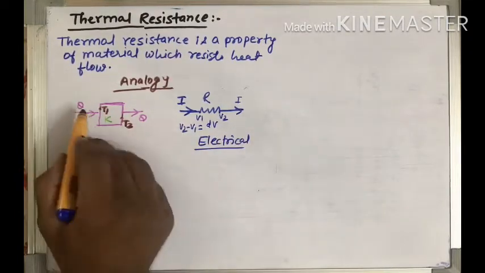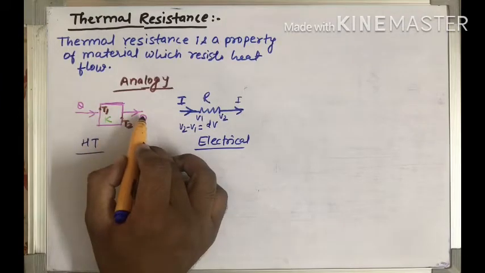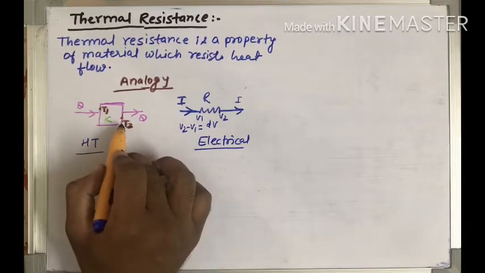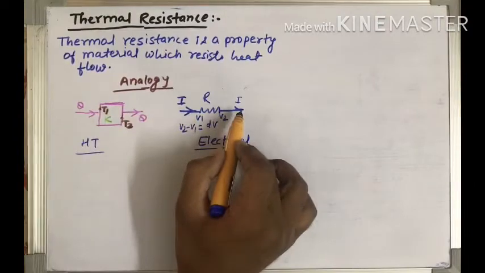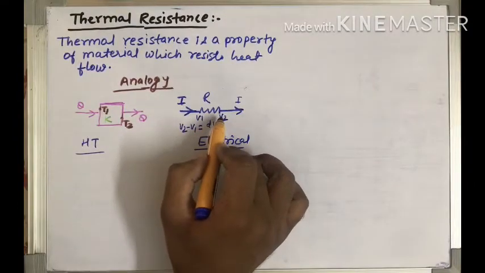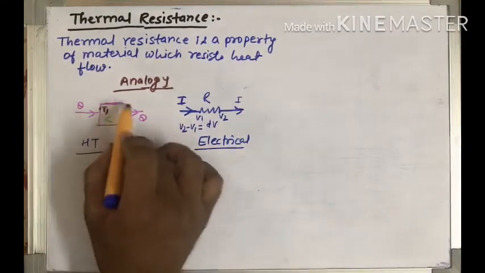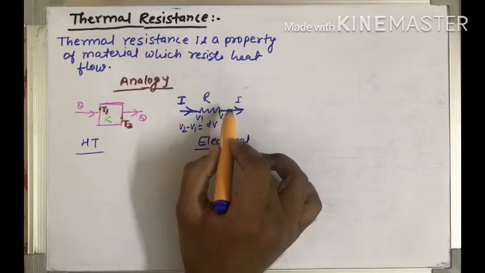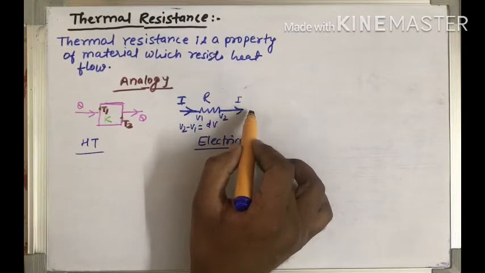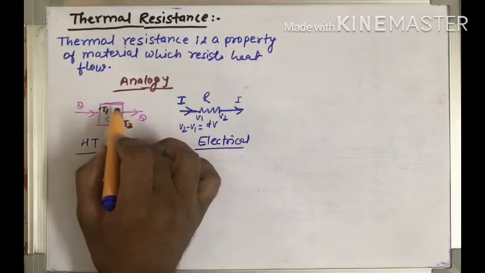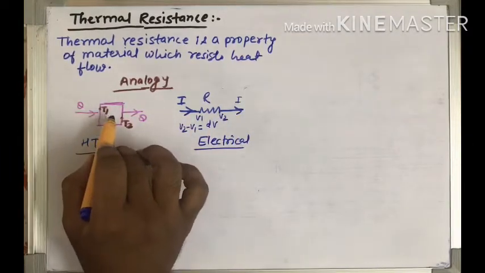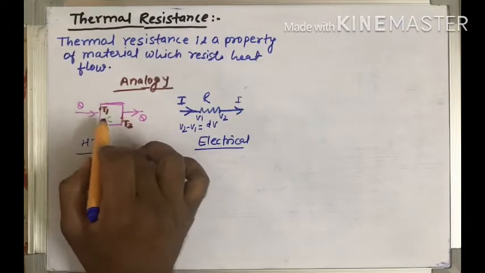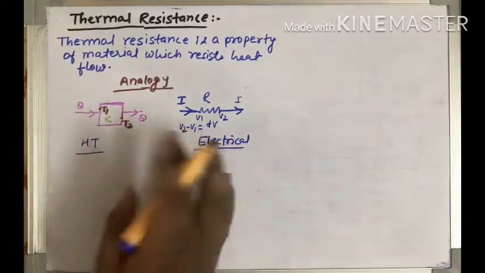In heat transfer, heat flows just because of the temperature difference. In the electrical case, current flows just because of the voltage difference. Here there is a resistance which tries to resist the flow of electricity. Even in heat transfer, there would be some kind of thermal resistance which opposes the heat flow. So you can see this similarity.